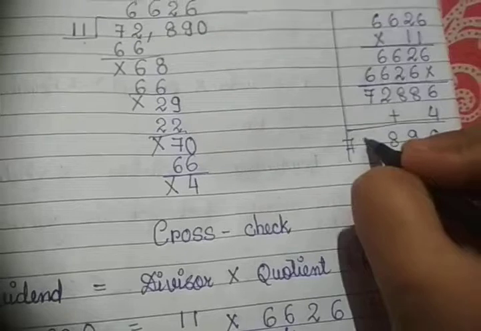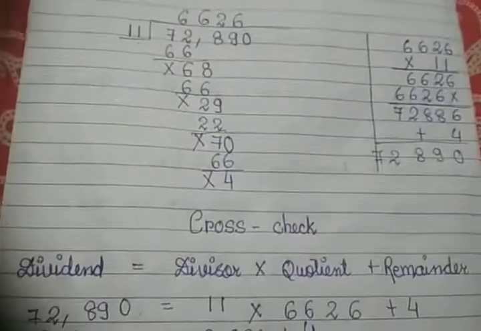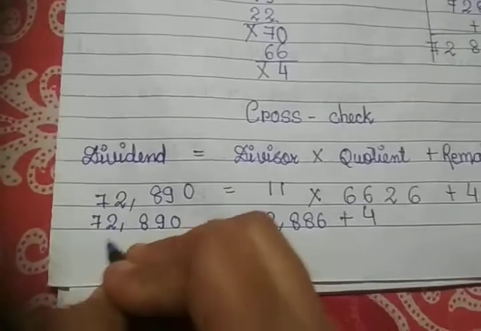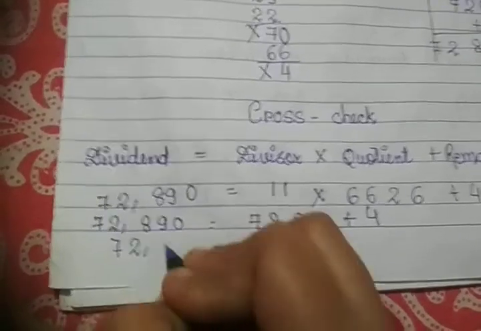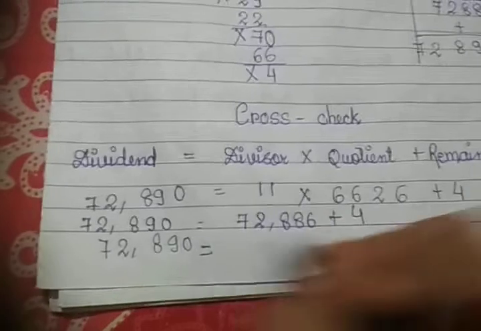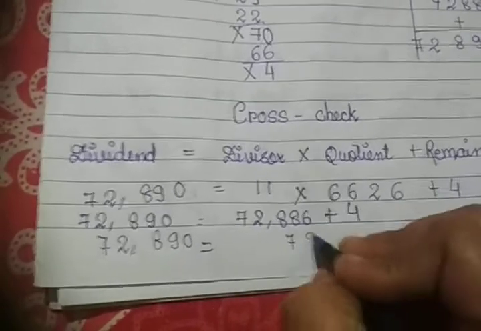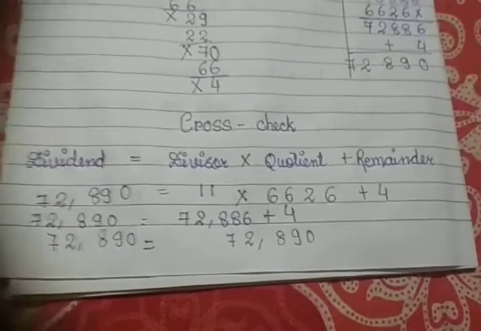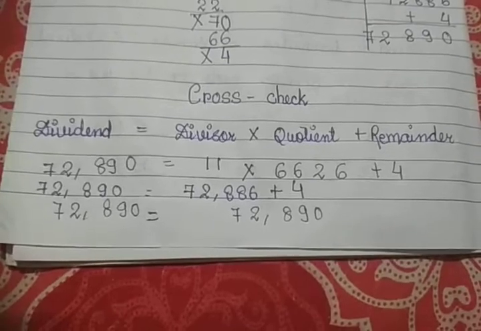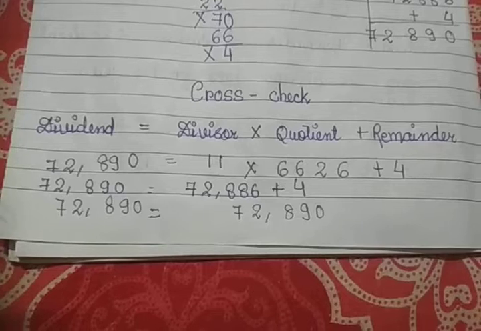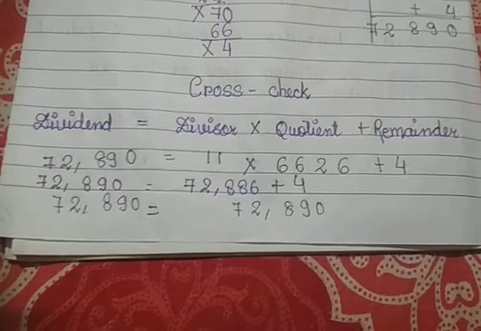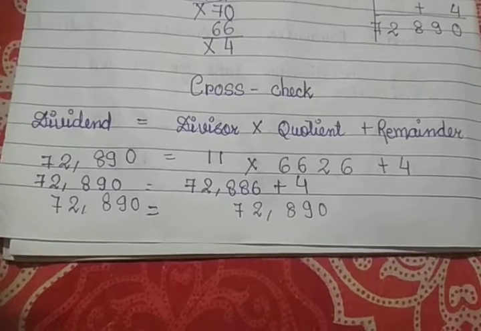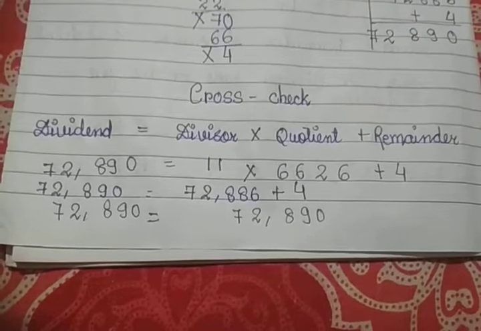So we will have 72,890. So after cross-check, we get the answer, that is dividend 72,890. Therefore, the answer is correct.